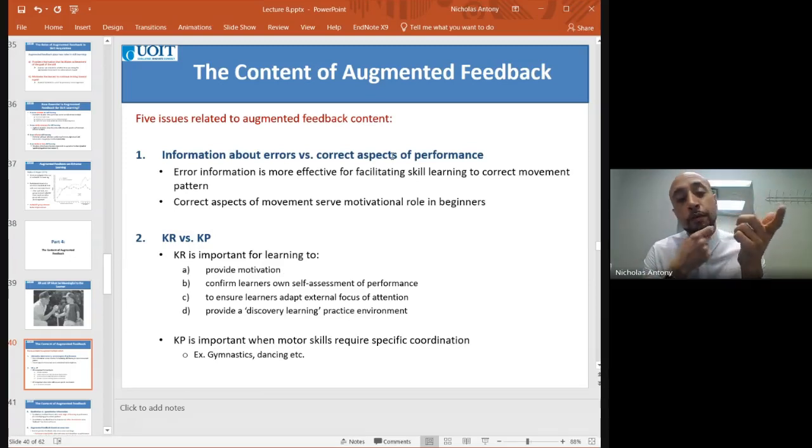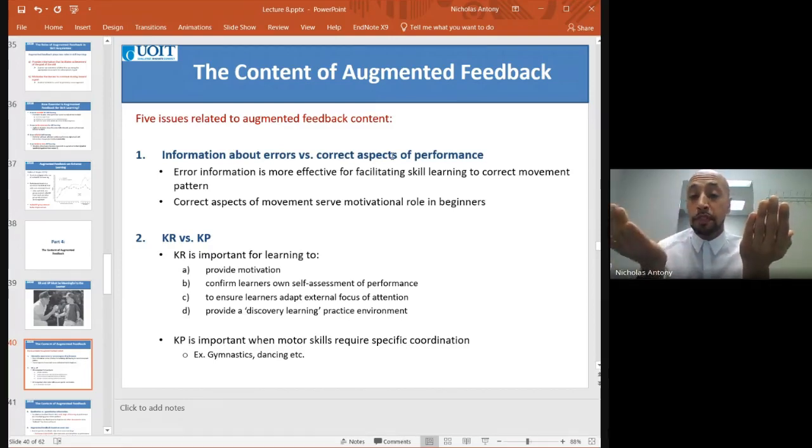Is it better to give someone knowledge of results or knowledge of performance? So augmented feedback about the outcome, or augmented feedback about their movements? Yeah, so it depends on the learner. Like I said on the slide, they would suggest that knowledge of results, so giving information externally about the outcome, is better to provide motivation.